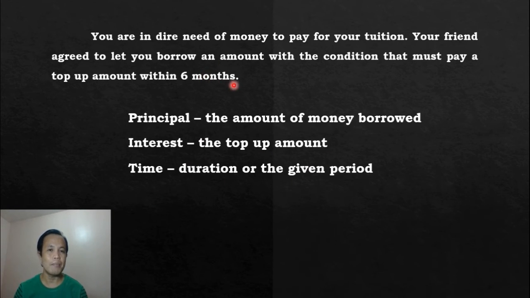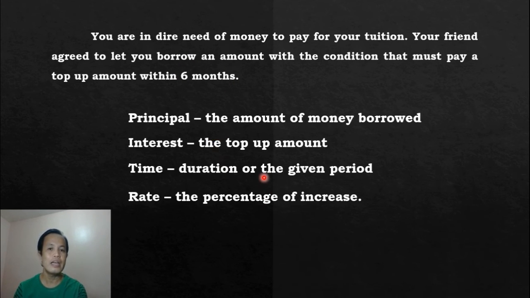In this example, we have 6 months as our duration or time. And lastly, the percentage of increase is called rate. In dealing with simple interest, we need to be acquainted with these terms: principal, interest, time, and rate.